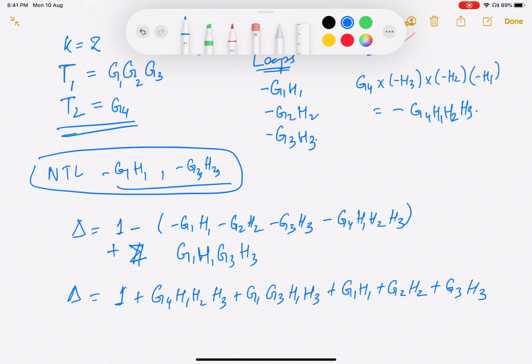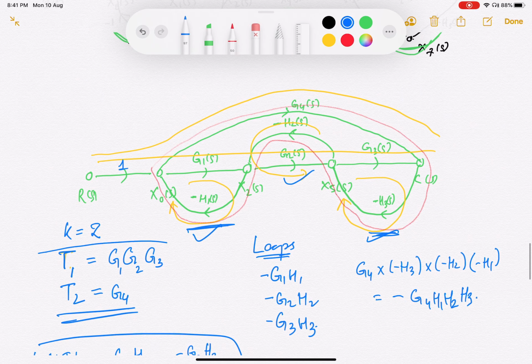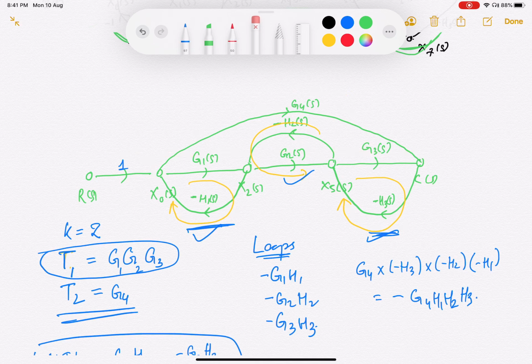Now let us look at delta 1. Delta 1 is obtained when you remove this T1 from the graph, the first forward path. So let me first remove the other things that I have drawn here.